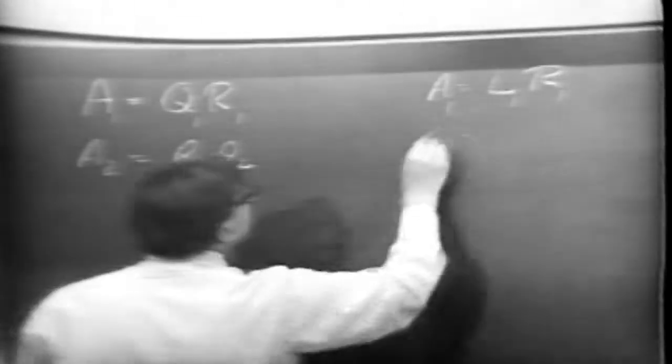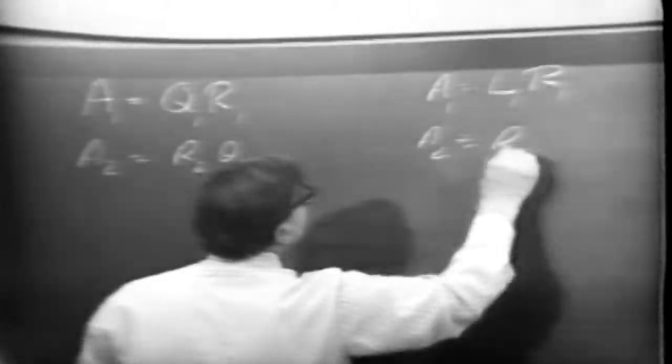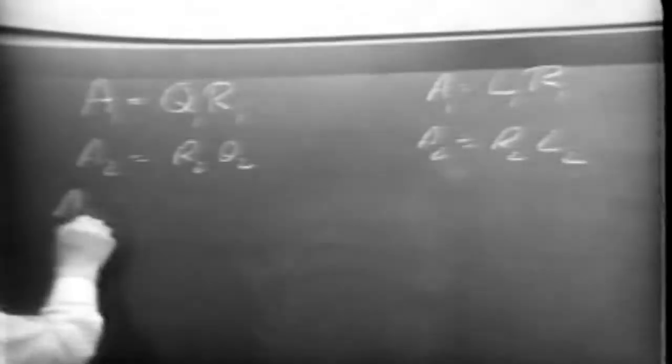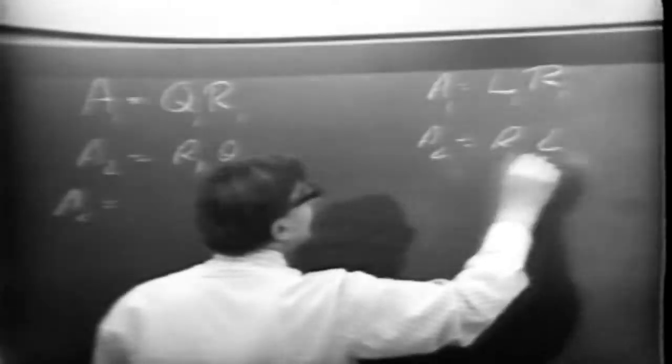Well, now, if you take the matrix A2, which is R1 Q1, or A2, which is R1 L1, we see that, in fact, A2 is R1 L1.